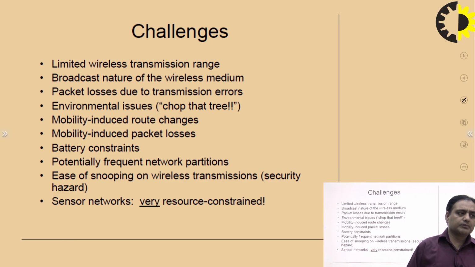So the battery variation is different, because detecting the signal from nearby nodes consumes some battery. So battery constraint is a matter in a MANET. Also potentially frequent network partitions, ease of snooping on wireless transmissions, and sensor networks. These are the challenges in MANET networks.